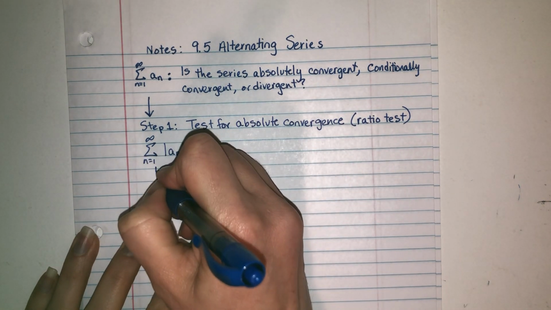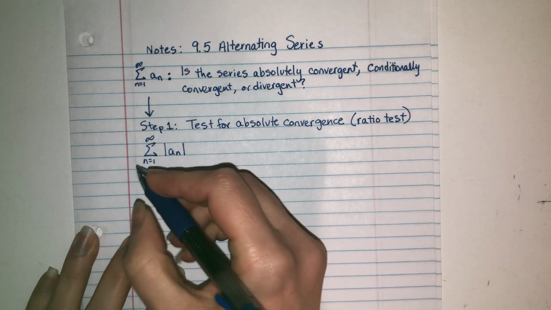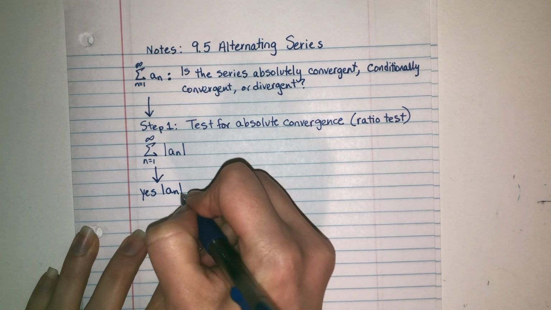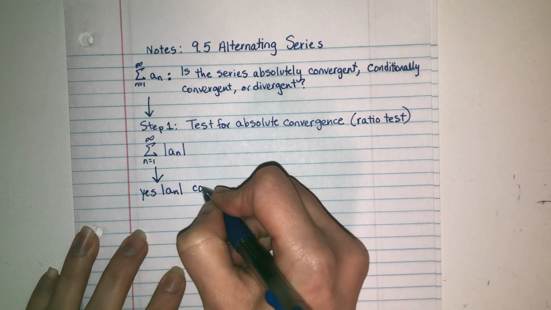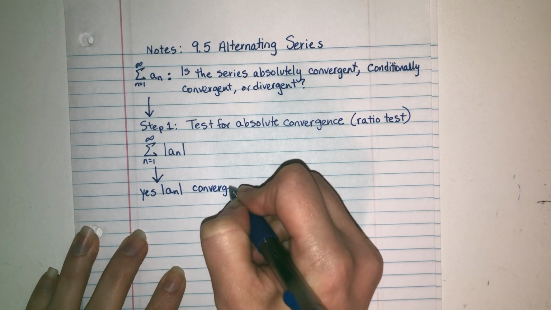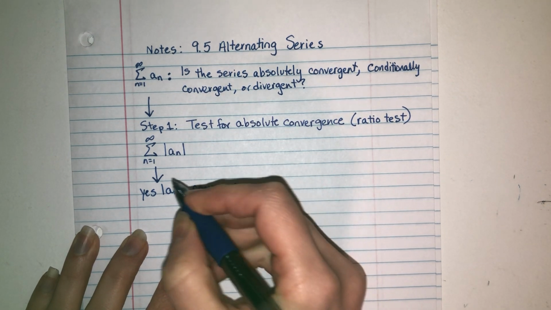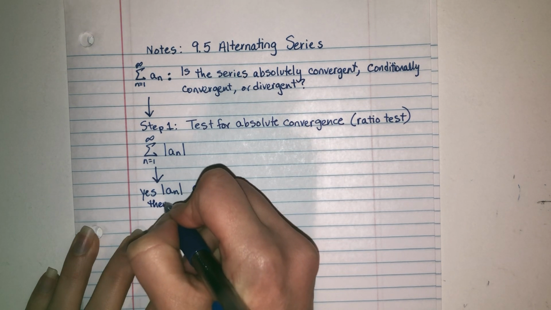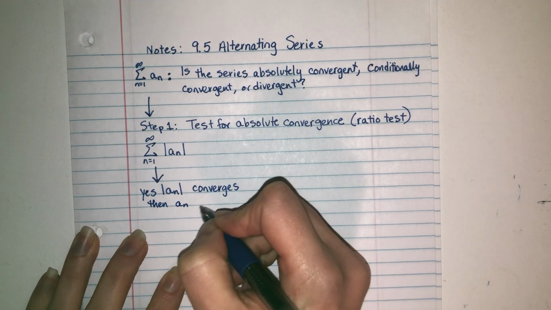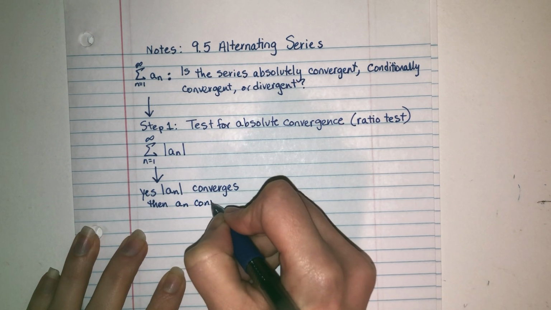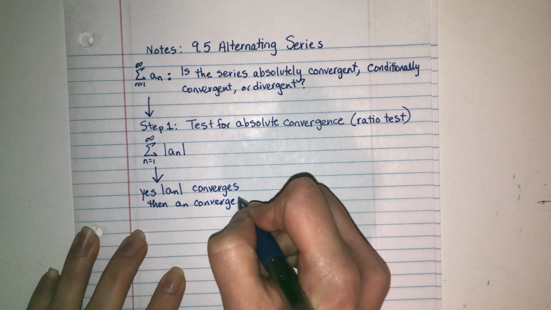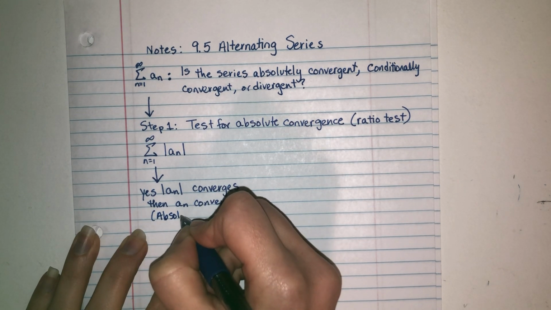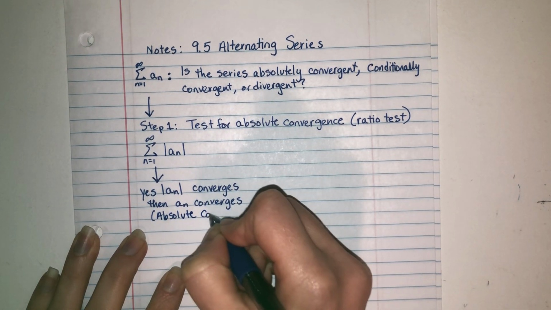If the answer to that is that yes, the absolute value of a sub n converges, then a sub n without the absolute value bars converges, and we call that absolute convergence.